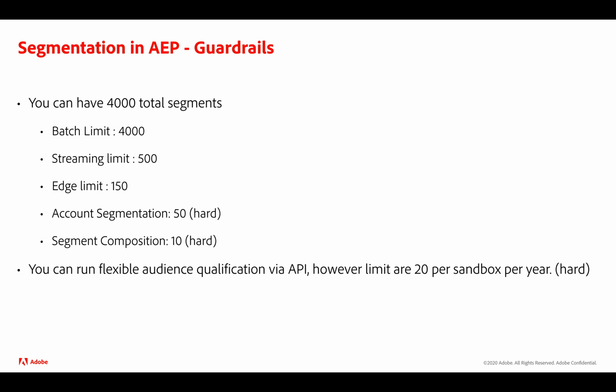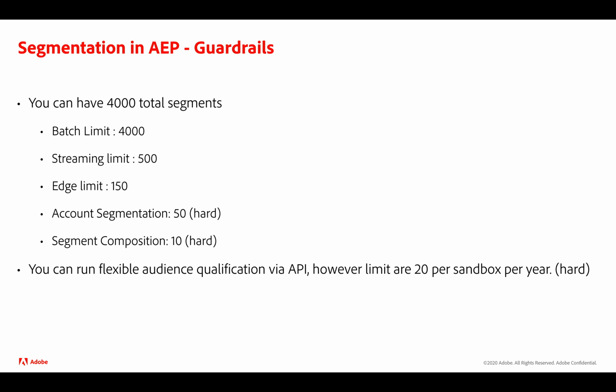I think 4,000 is enforced because it is the maximum number of segments you can have in a sandbox. All of those limits are per sandbox. You could technically have more than 500 streaming segments, but then you may hit performance issues and your segment qualification may not happen in the 5 minute window, which is the official SLA for streaming segmentation.